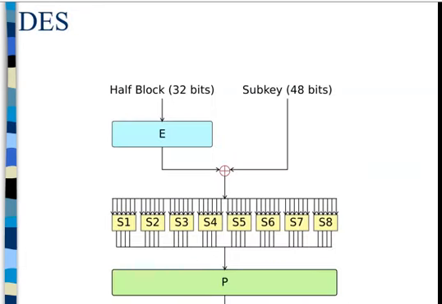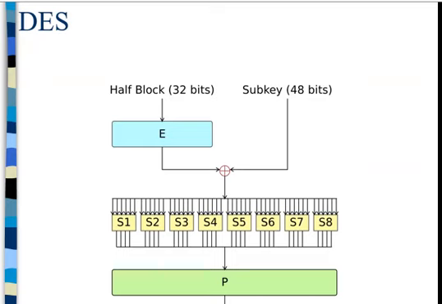Okay, and what will happen in our S boxes? This is the stage in which we have substitution.